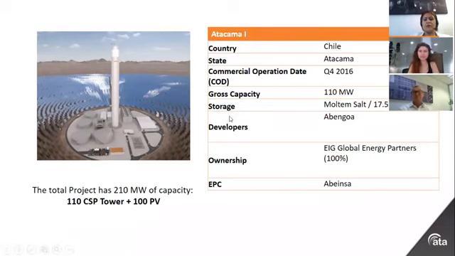And the interesting thing about this plant is that the storage is actually 17.5 hours, and this is, I guess, the first time a project as a whole has been announced with also a 100 megawatt PV field, which means that the two technologies are in one complex, and they take advantage of each other's pros and cons to balance each other.